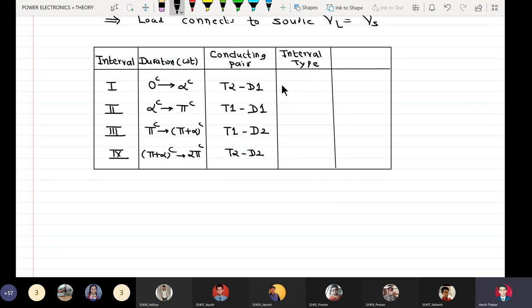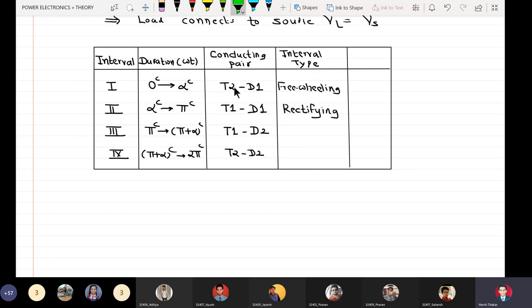Interval type. Freewheeling. Rectifying.